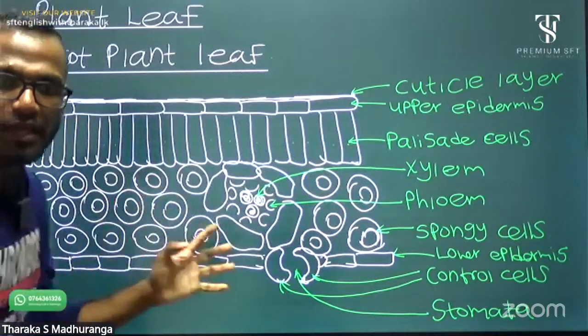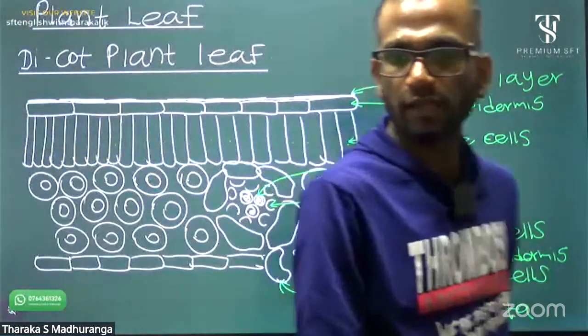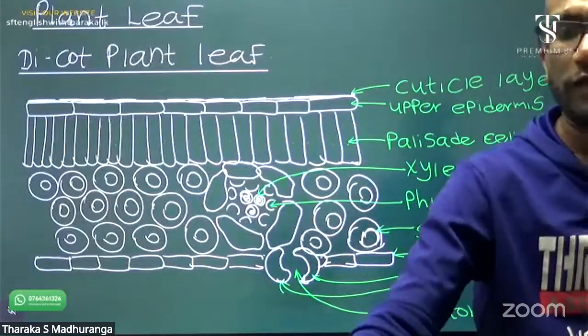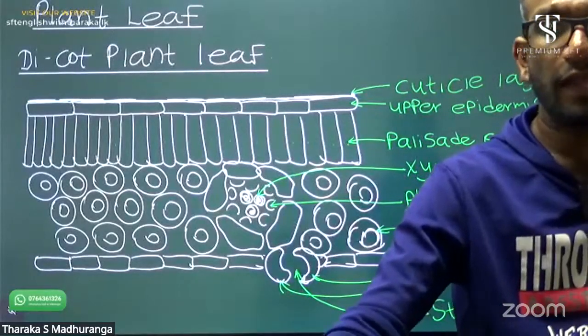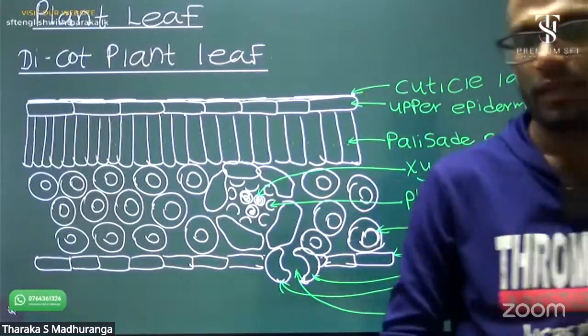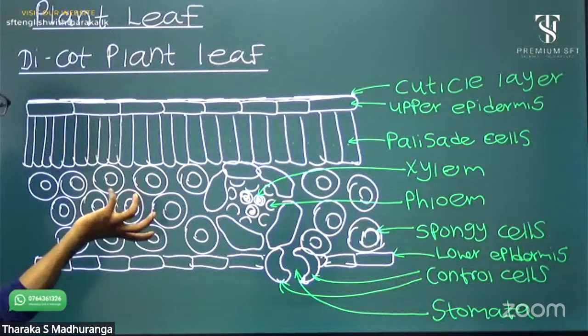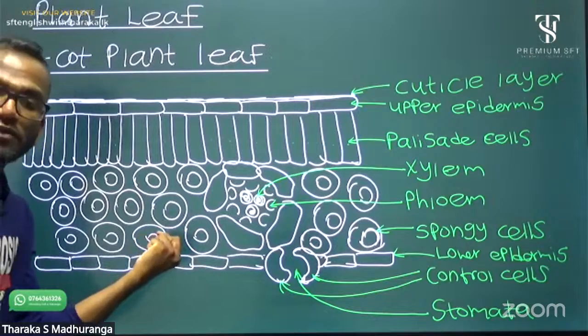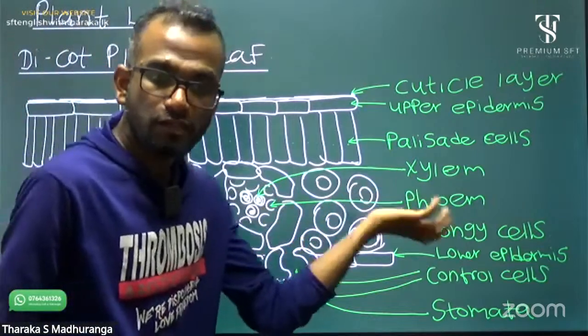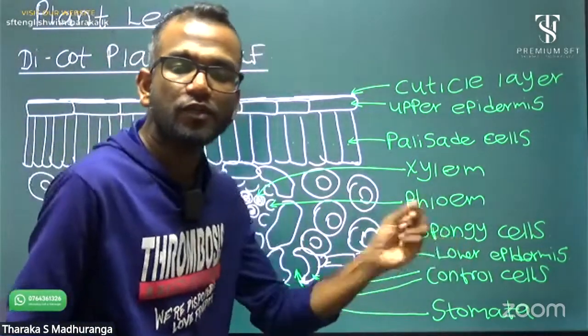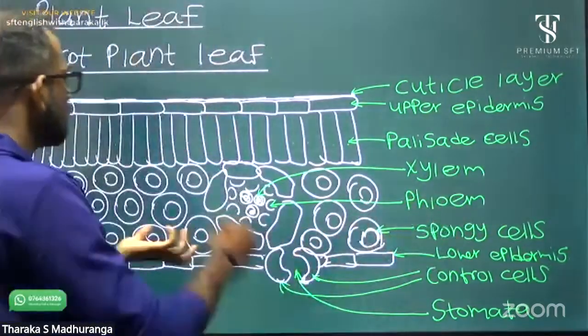Remember, that's the main photosynthetic cell type. And then there are the spongy cells. Spongy cells are also involved in photosynthesis.